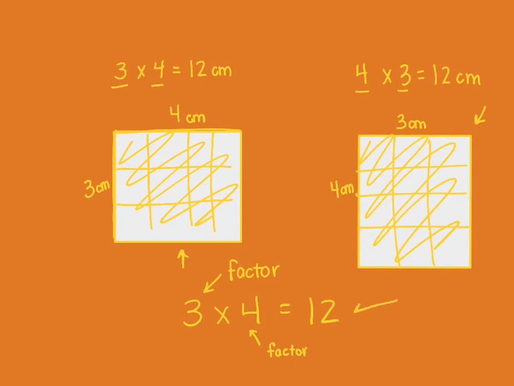Then I want you to label 12 as your product. When I multiply numbers together and I get a certain answer, that answer is called a product. As we start talking about multiplication this unit, we will use the terms factors and products very often, and you need to be familiar with those terms.